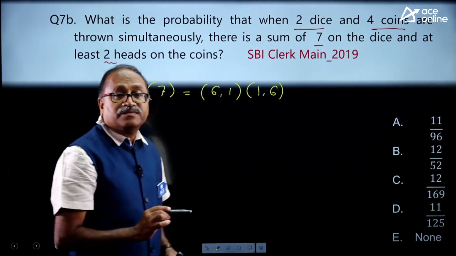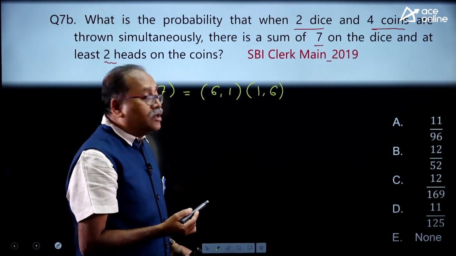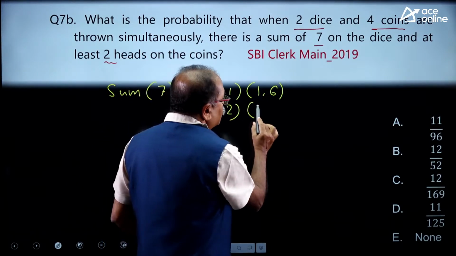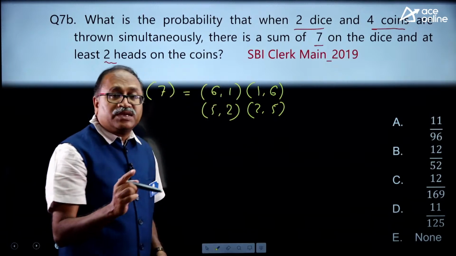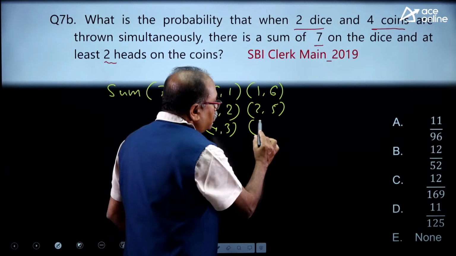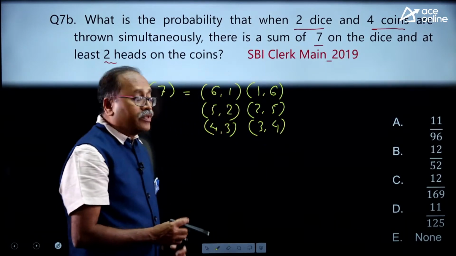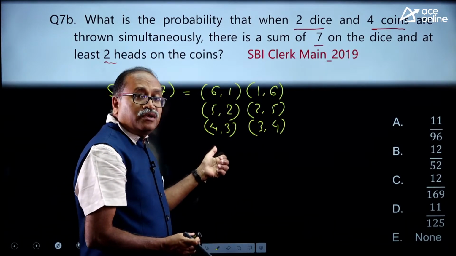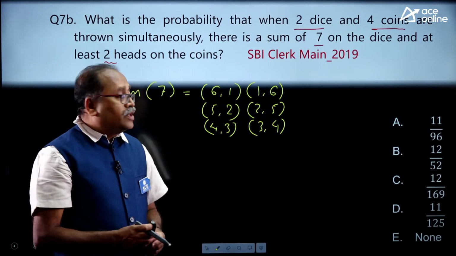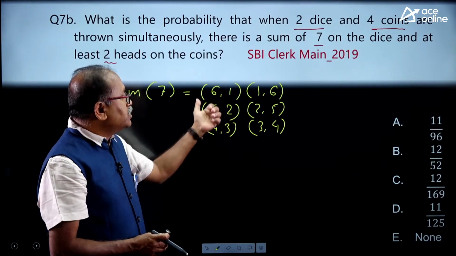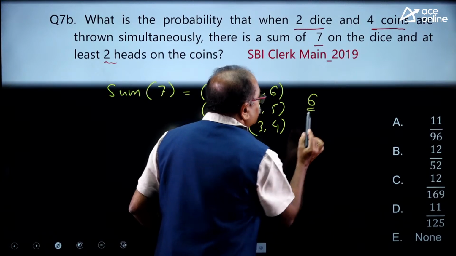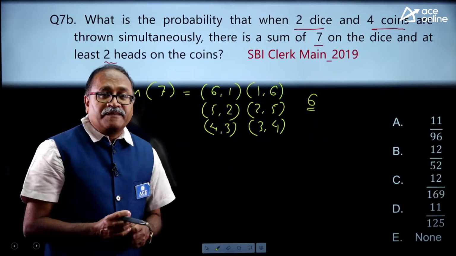The same way, it could be 5 and 2, or 2 and 5, still I am getting 7. It could be 4 and 3, or 3 and 4. And if I make it 2 here, then the other side is 5, which is already taken. So how many such pairs are possible? You notice that it's 2, 4 and 6. So there are 6 ways I can get the sum as 7.